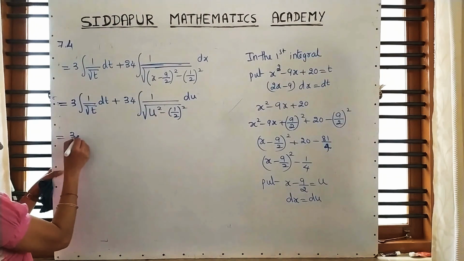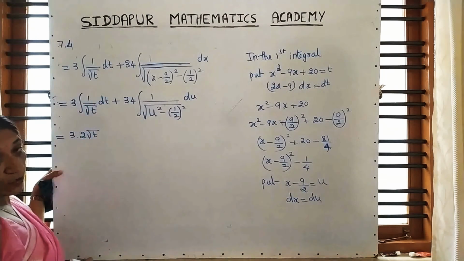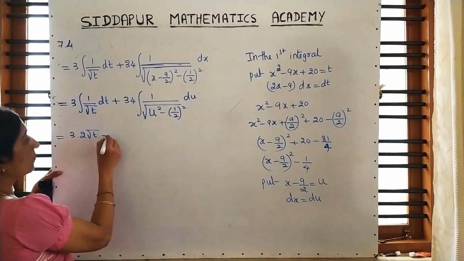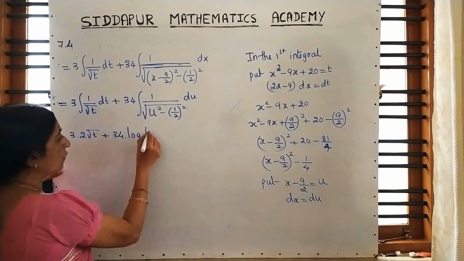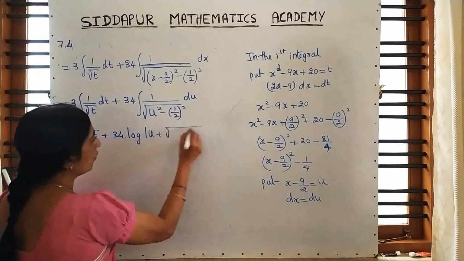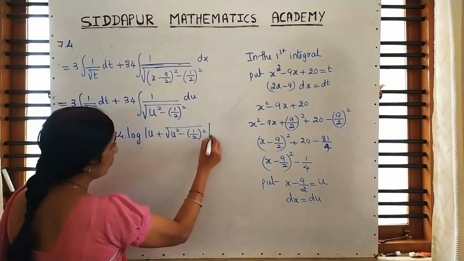It is 3 into 2 root t, because integration of 1 by root x is 2 root x, plus 34 into log of u plus root of u square minus 1 by 2 whole square, plus c.